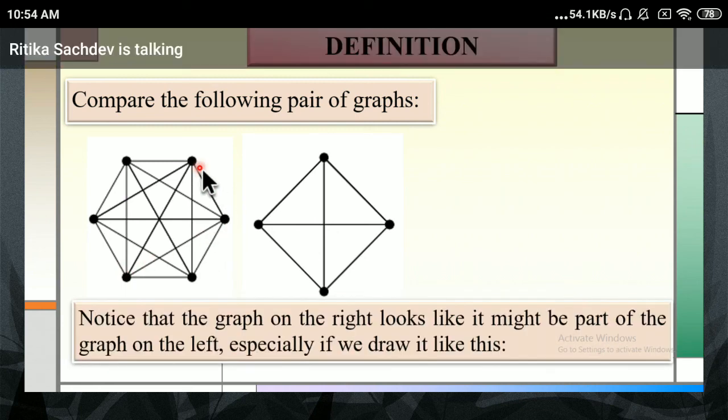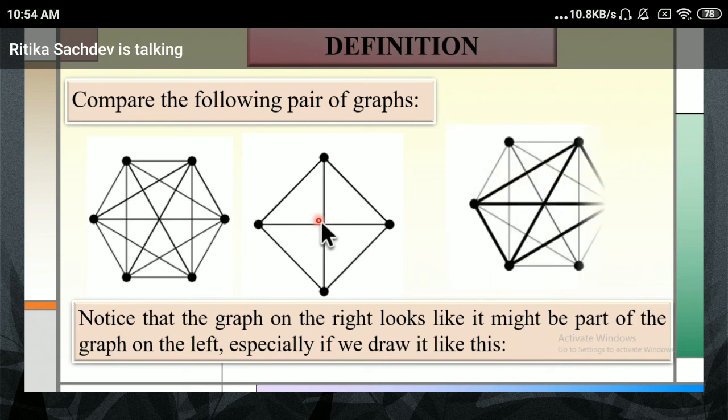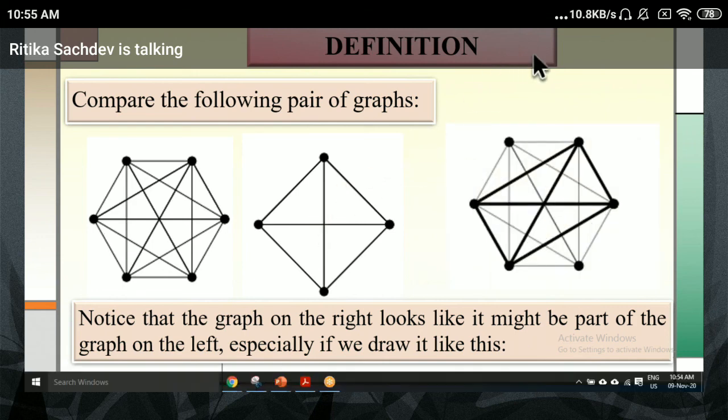So just notice that the graph on the right looks like it might be the part of the graph on the left hand side, especially if we draw it like this. You can see what we have done. We have drawn this graph, the graph on RHS, as this particular graph. And we see it is a part of the previous graph.